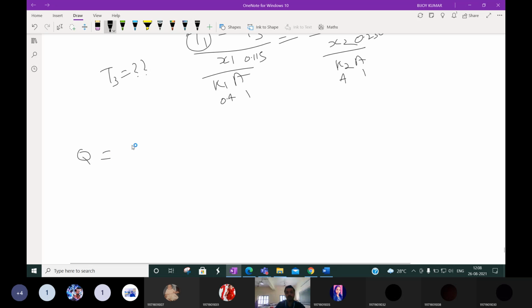Q is equal to T1 minus T3 by X1 by K1 into A. Q value we know, how much? 2026. T1 value 770, X1 is 0.115, K1 is 0.4 into area 1.